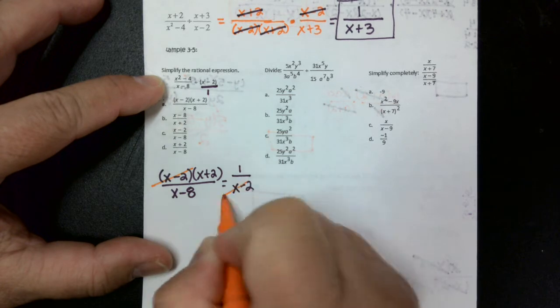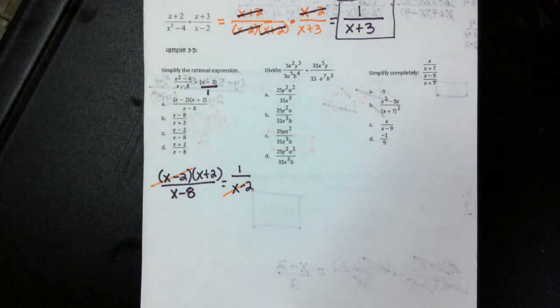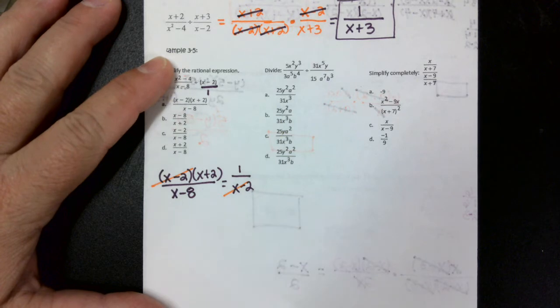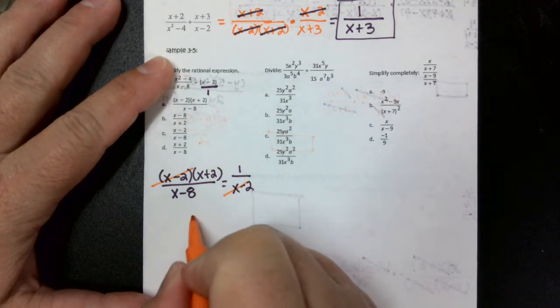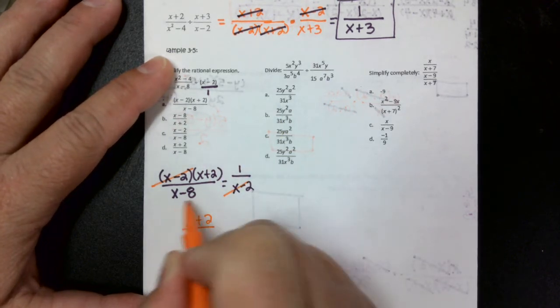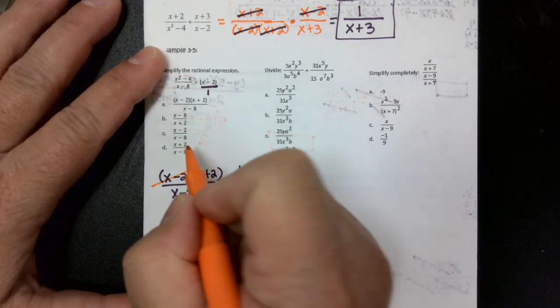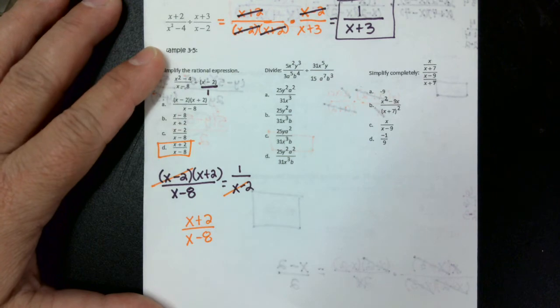We have x minus 2 cancels with x minus 2. All right, our answer now, we have 1 times x plus 2, which is x plus 2 divided by x minus 8. So D.